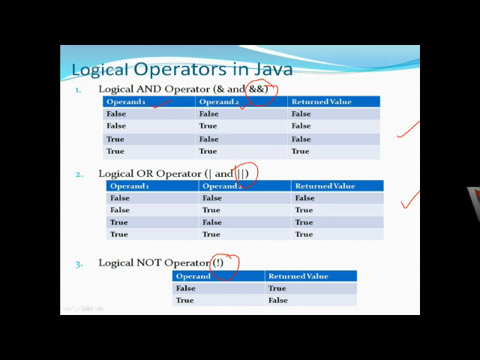Now, what happens in and and or? For and, both of the operands have to be true to get the result as true. Suppose if it is cloudy and I'm feeling sick, I will not go to school. So the weather has to be cloudy and your health has to be not well, only then will your mom let you not go to school.